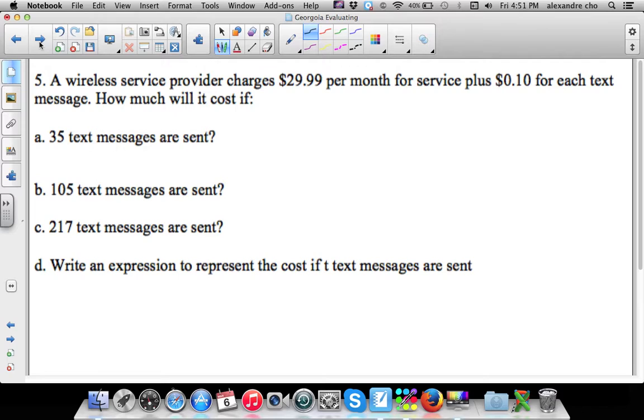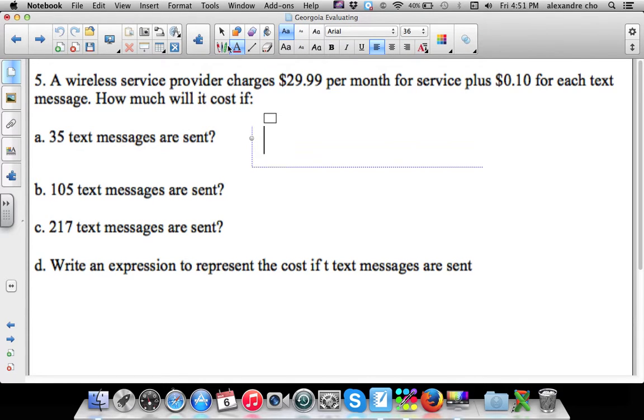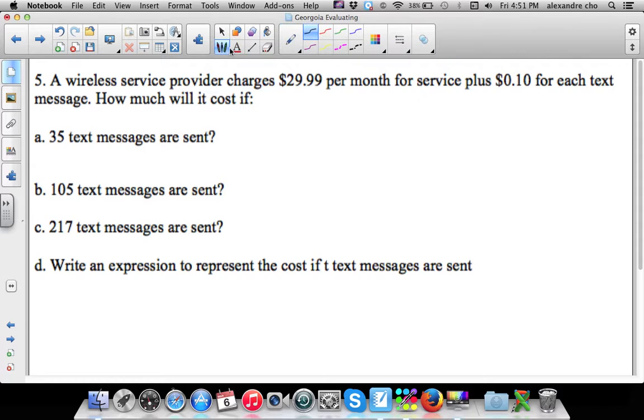Number 5, a wireless service provider charges $29.99 per month plus 10 cents for each text message. So again, it's almost like the bowling problem we did. Okay.